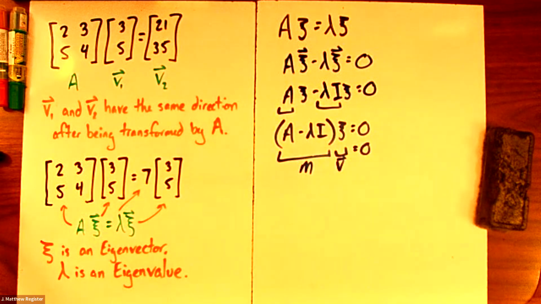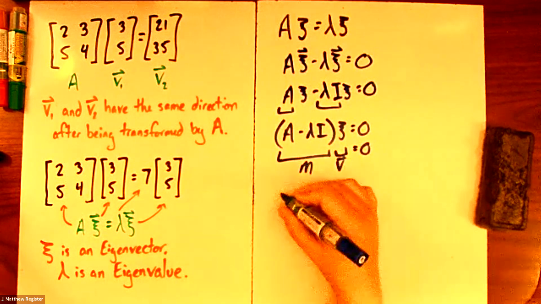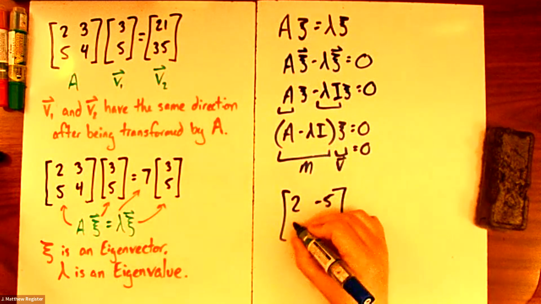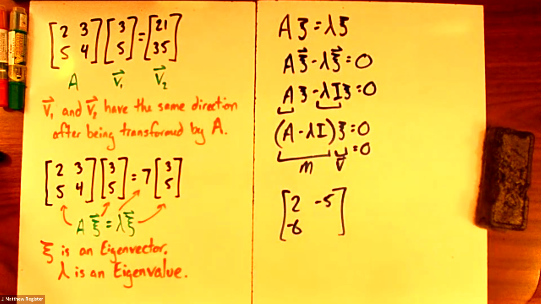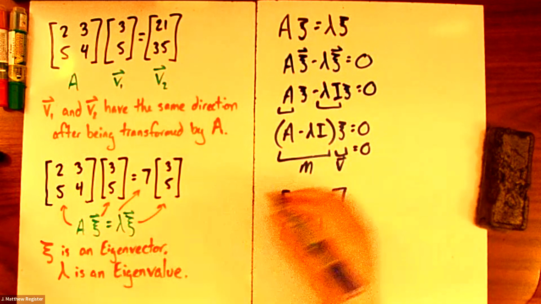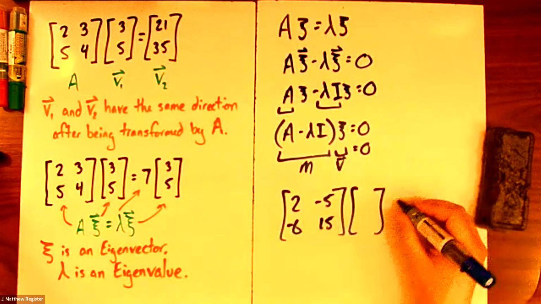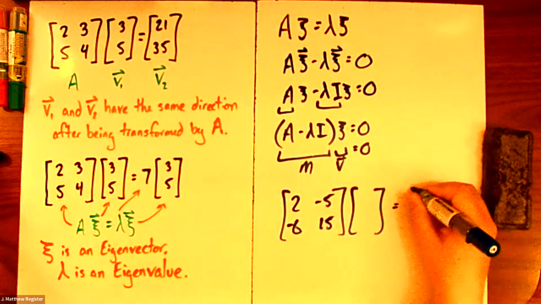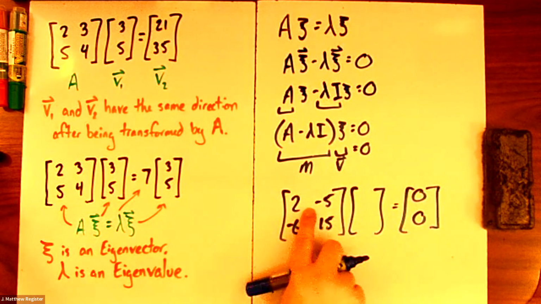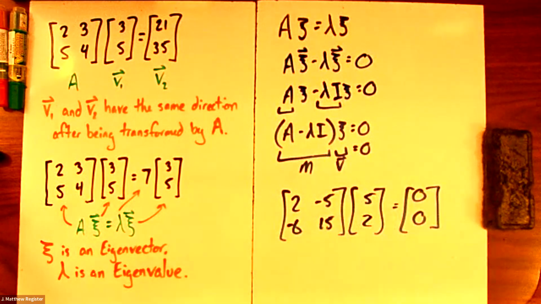Let's do one example real quick to show that we can multiply a matrix times a vector and actually get 0. Let's say that we have 2, -5, and then let's say that we have -6, and then let's make this be a +15. If we wanted to find some vector to multiply this by to give us 0, 0, well, if we look at the first row, we would need to have something like a 5 and a 2.